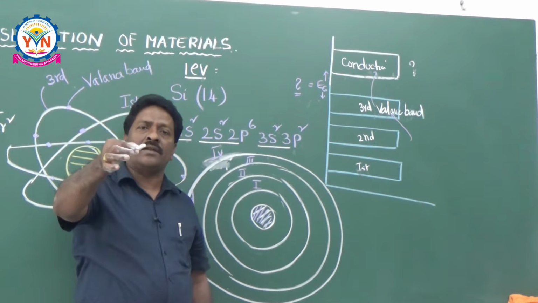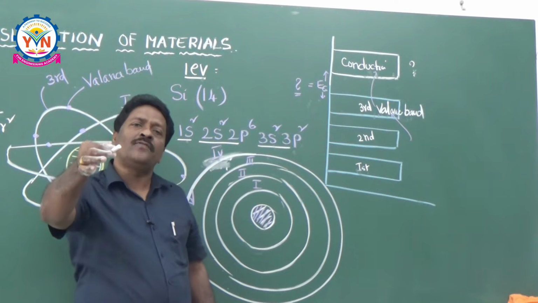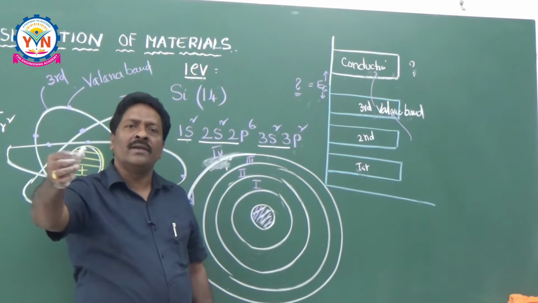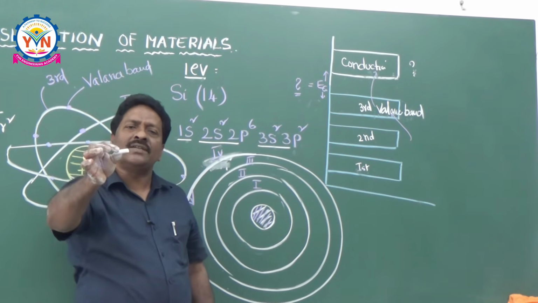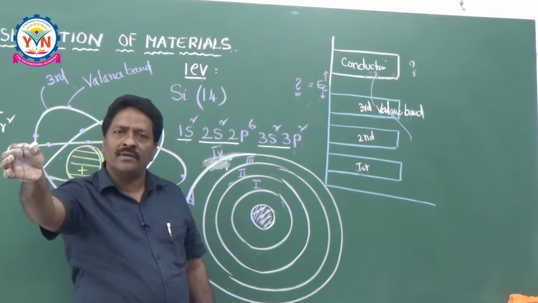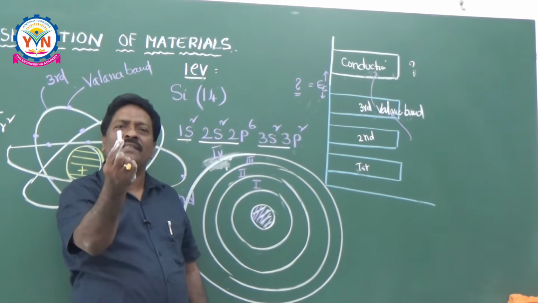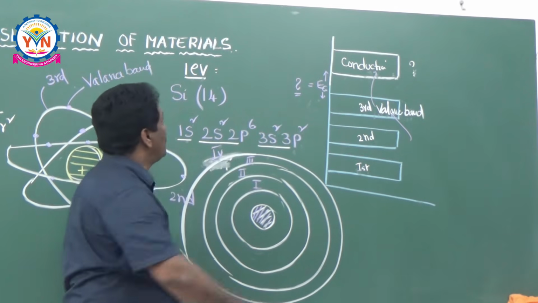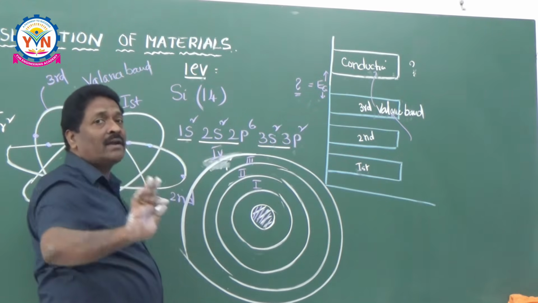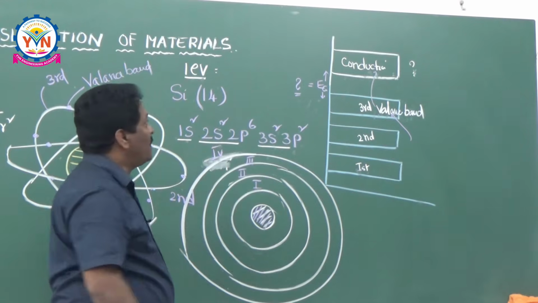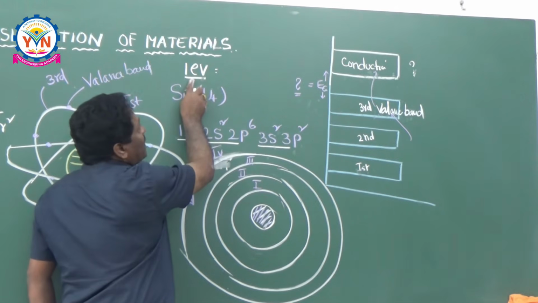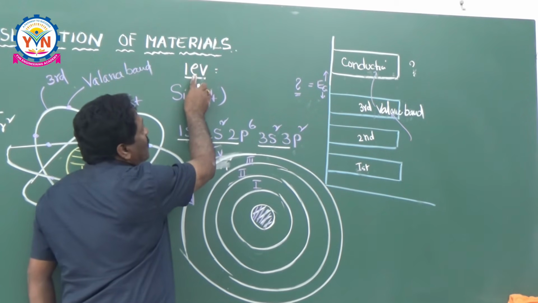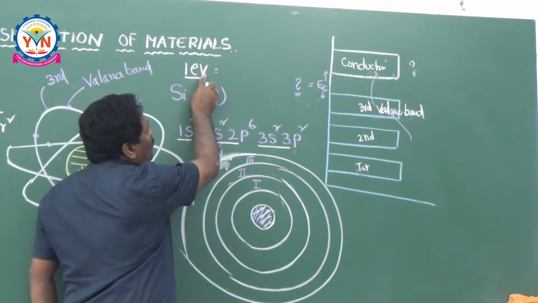Suppose if an electron is traveling through a potential of 1 volt, whatever energy is gained by this electron is called 1 electron volt. That means very simple, no need to memorize the definitions, my dear friends. Electron volt means the energy gained by an electron whenever it travels through a potential of 1 volt.